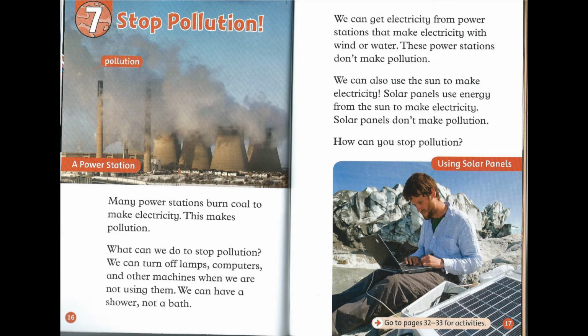We can turn off lamps, computers, and other machines when we are not using them. We can have a shower, not a bath. We can get electricity from power stations that make electricity with wind or water. These power stations don't make pollution.